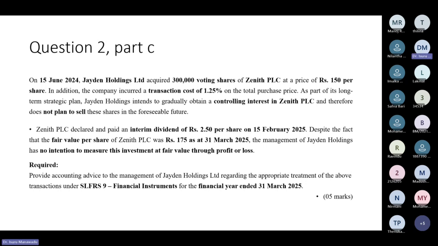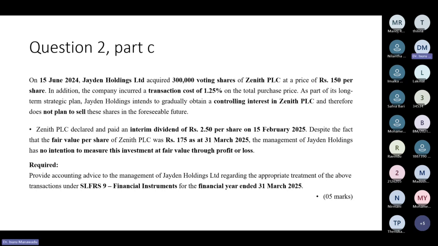If you can classify something under amortized cost, it gives financial strength to the organization, to the business. Therefore, companies try to classify investments under amortized cost, because investors want to see financially strong companies.